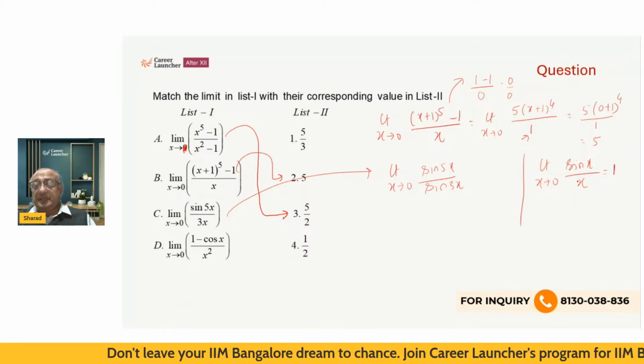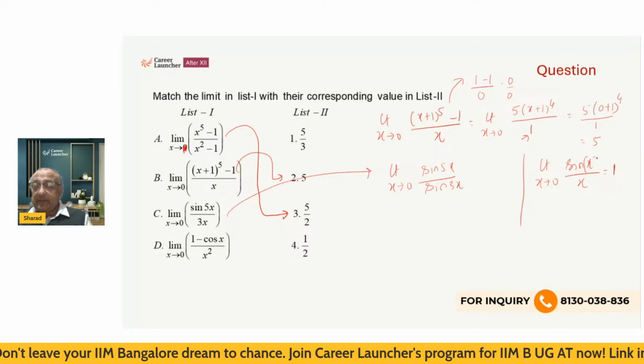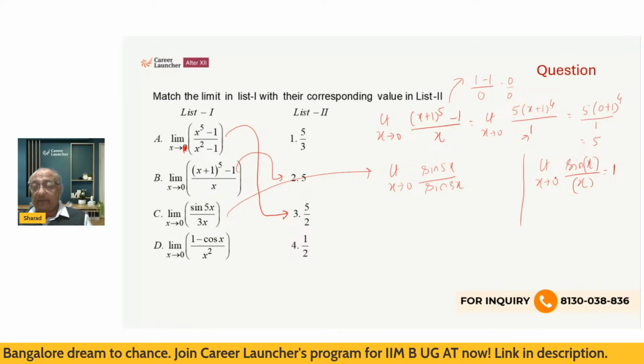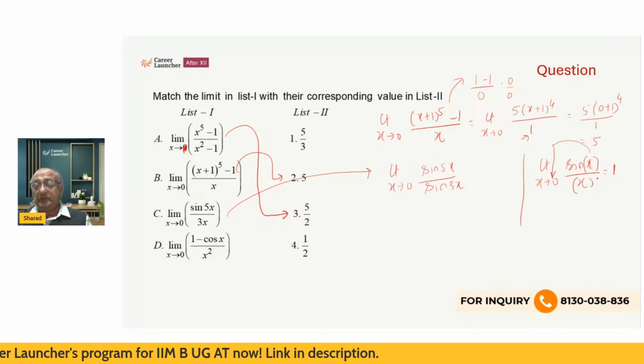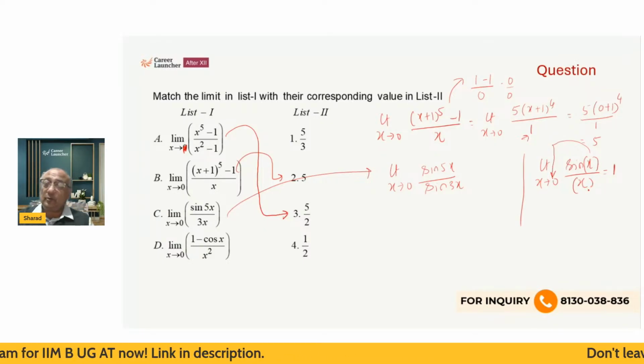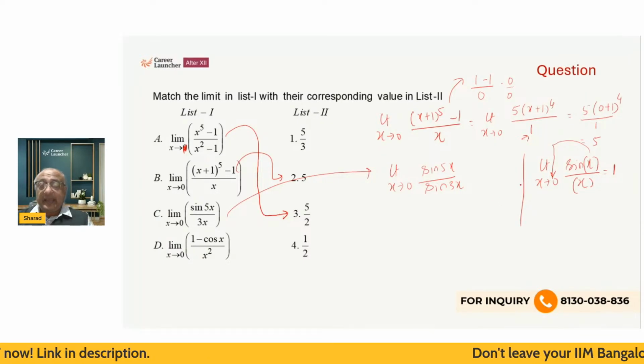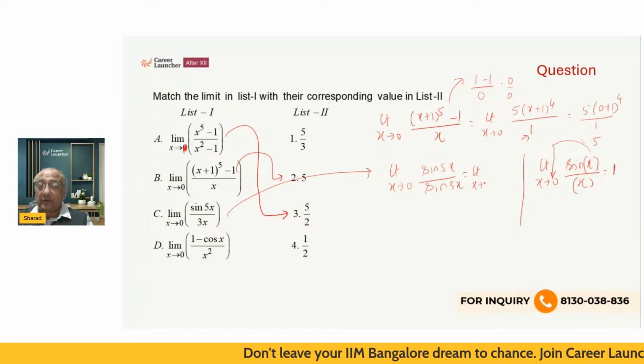Bachcho, if it is the case, please remember that whatever is written inside the bracket inside sine should be tending to 0. You will get which kind of a form? 0 by 0 form.